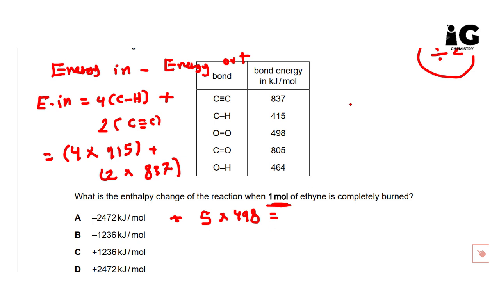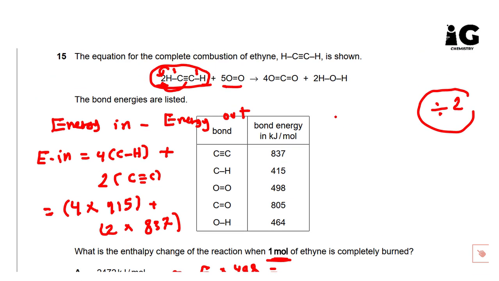On the other hand, let's calculate energy out. So this is the value of energy out. So this is 4 times, here you have C double O, so 2 times, so we can say quickly, this is 2 times 4, so actually it's 8 times C double O, so this is 805, and then plus 2 H2O.